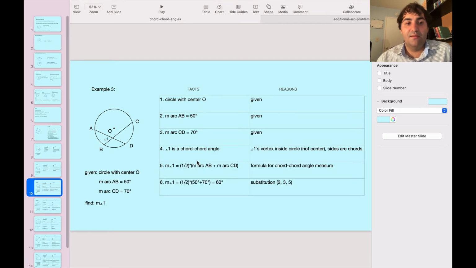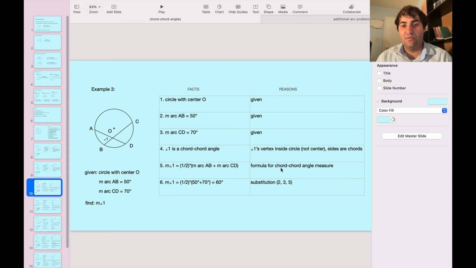Example 3: given a circle with center O, the measure of arc AB is 50 degrees, and the measure of arc CD is 70 degrees. Find the measure of angle 1. So we write down what we know. And we know angle 1 is a chord-chord angle. Why? Because angle 1's vertex is inside the circle, not at the center, and its sides are chords.